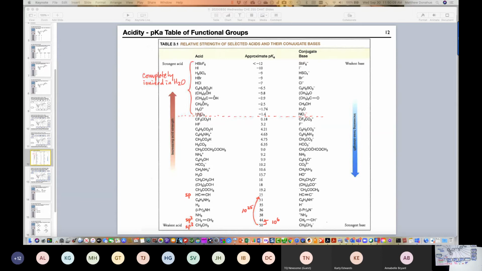By reducing the number of digits, 4.75 to 5, acid is 5. Alcohol is 15. So 0, 5, 10, 15, 20, 25, 30, 35. Associate it like that rather than specific numbers like 10.2 or 19. Just round it to the nearest unit of 5 to relieve the mental burden. So I would say 5, 15, 45, 50.